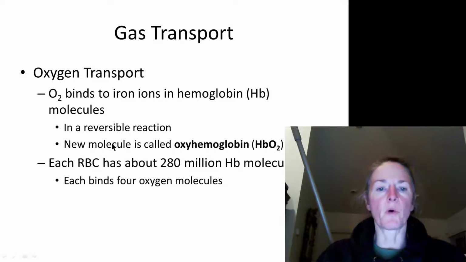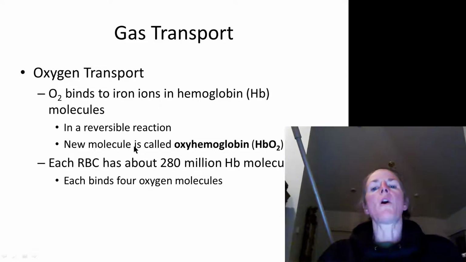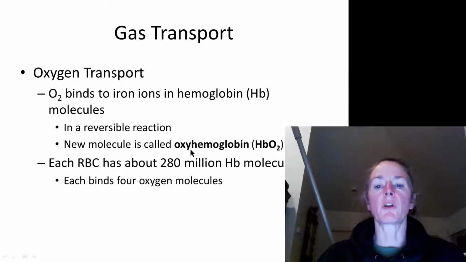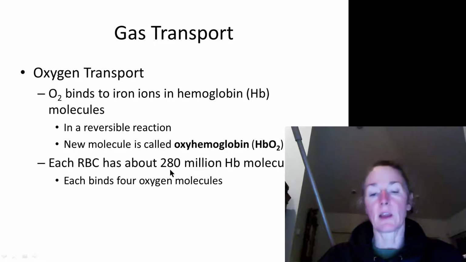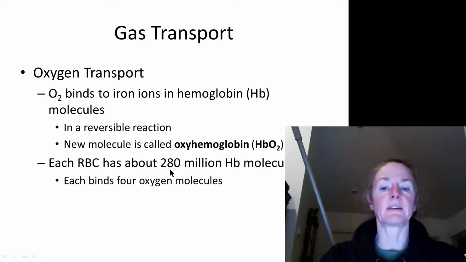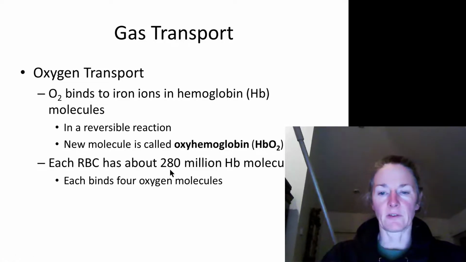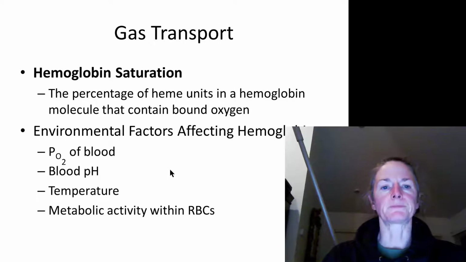And it's a reversible binding. While oxygen is bound to hemoglobin, it's called oxyhemoglobin. If each red blood cell has about 280 million hemoglobin molecules, and each one can bind 4 oxygens, then you can see we have quite a capacity to carry oxygen via hemoglobin and red blood cells.